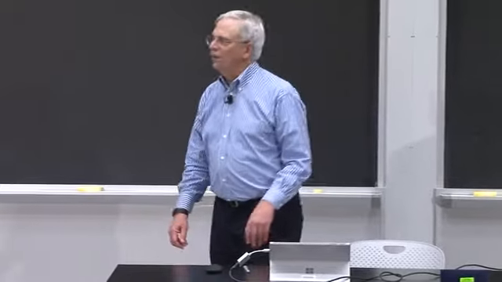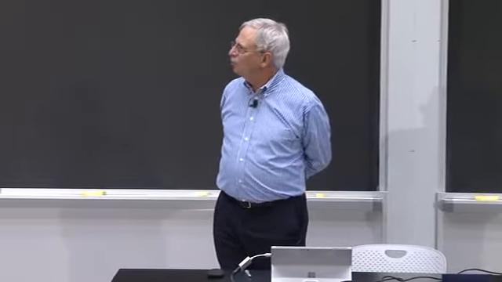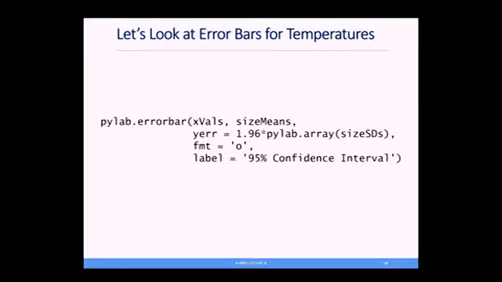All right, let's look at the error bars for our temperatures. And again, we can plot those using something called pylab.errorbar. So what it takes is two values, the usual x-axis and y-axis.